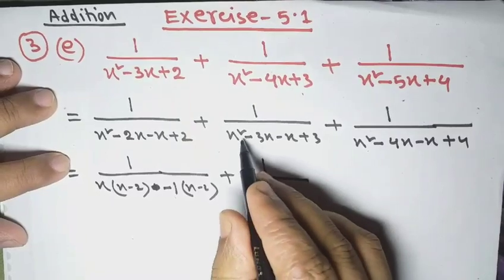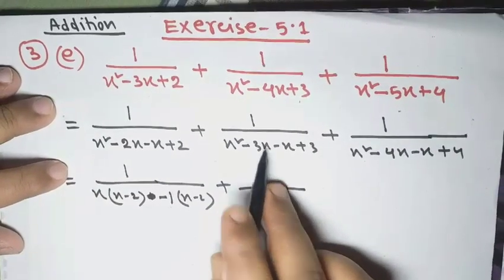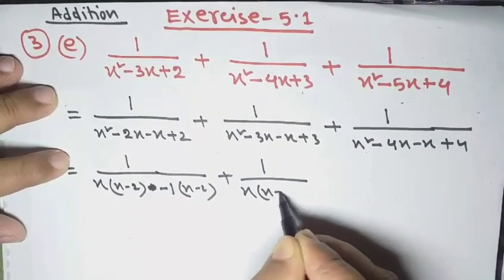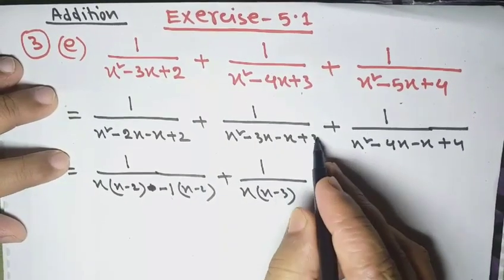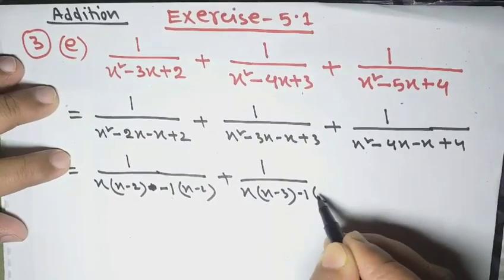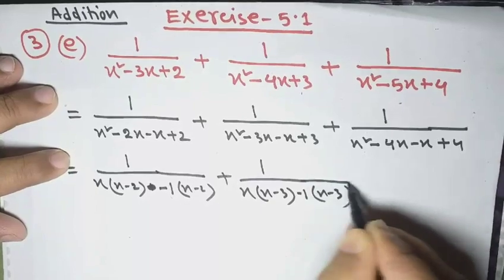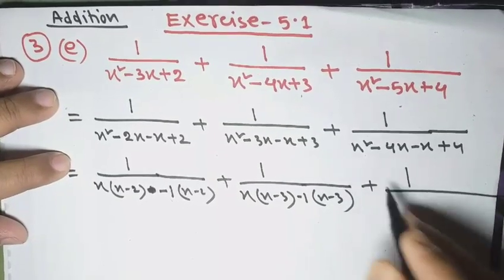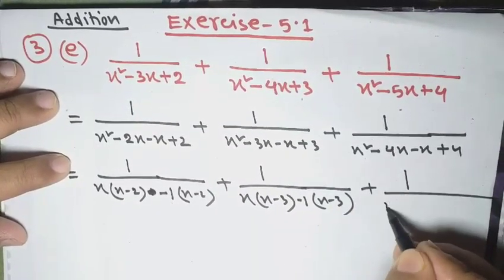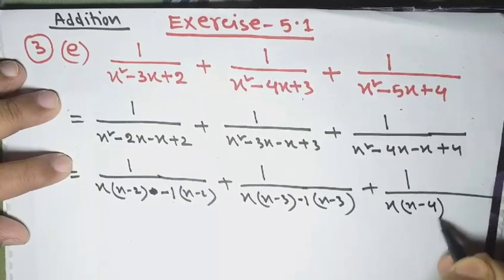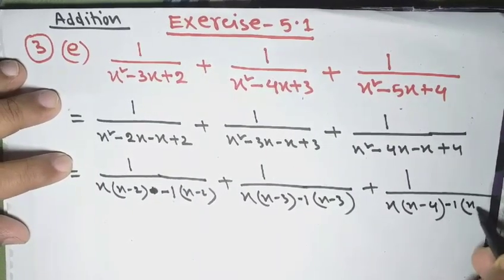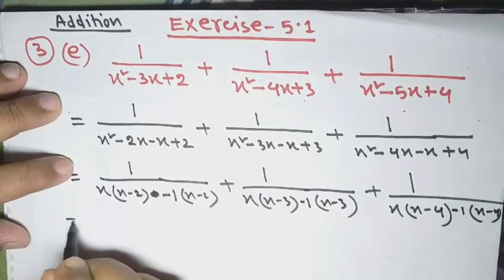Plus from the first two terms we will take common x, so x minus 3. Here nothing is common, that means minus 1 common, so x minus 3. Plus from the first two terms we get common x, so x minus 4, minus 1 x minus 4.